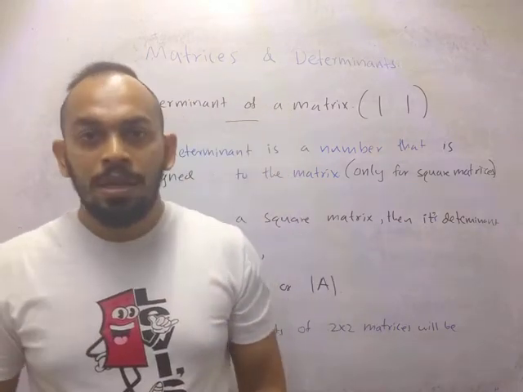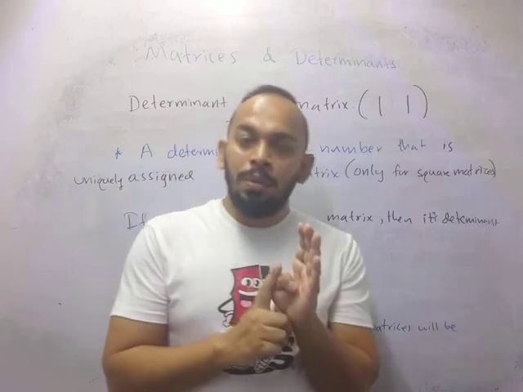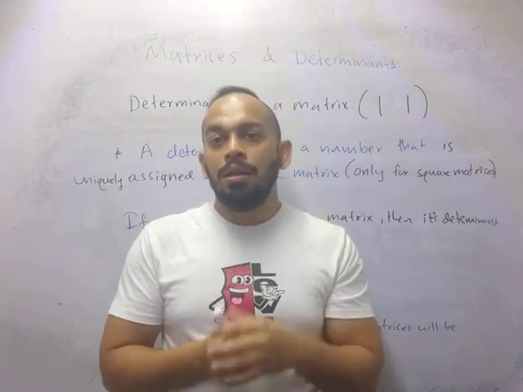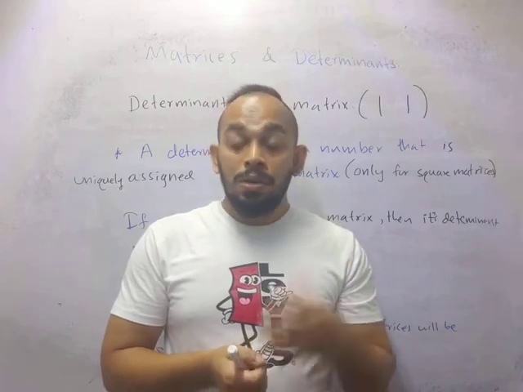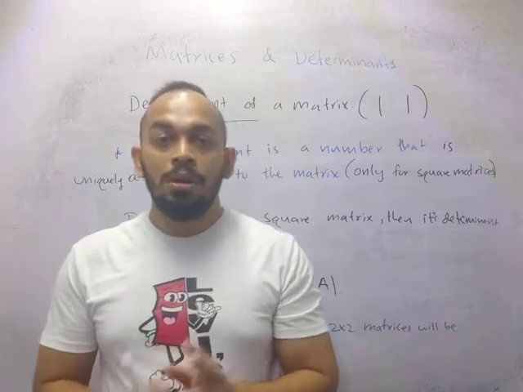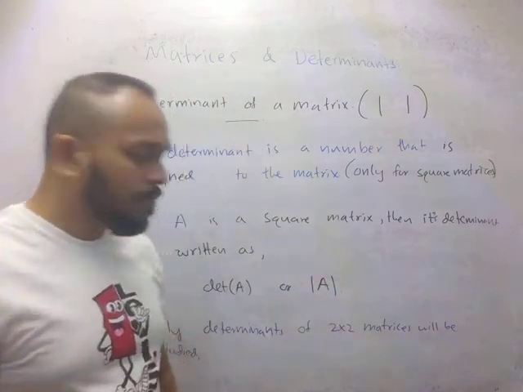This is the easiest case. We can find the determinant for a 3 by 3 matrix or 4 by 4 matrix, but that will be done in university level courses. In your A level course we will only focus on 2 by 2 matrices. That's the easiest.